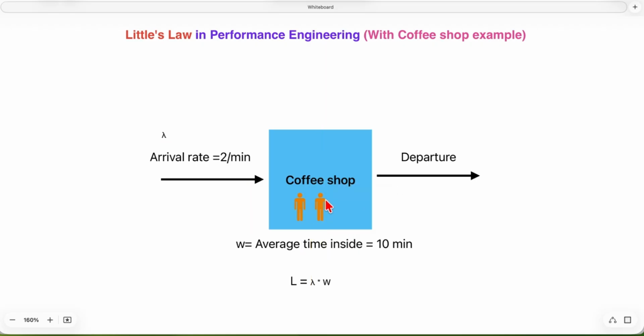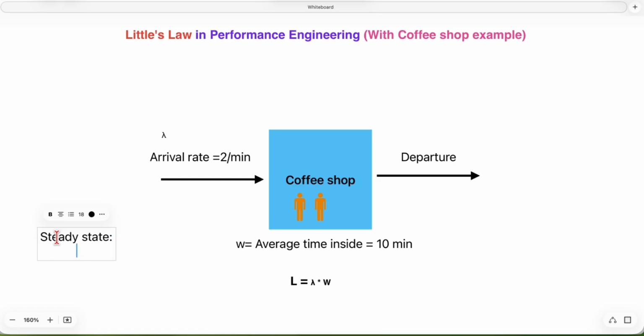If I want to find how many users are inside the system at any given point of time, I can use this formula. L is the number of concurrent users, lambda is the arrival rate, and W is the average time each customer spends inside the system. This is called Little's law, and it is applicable in a steady state.